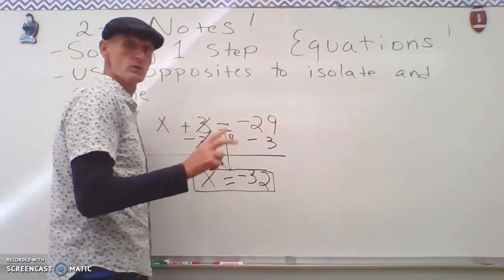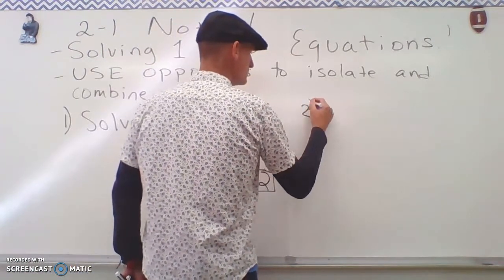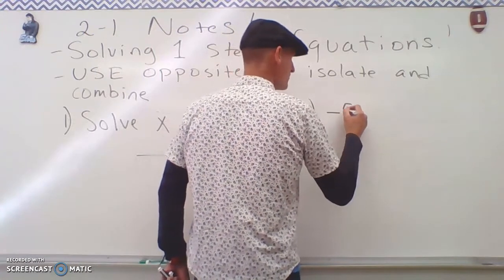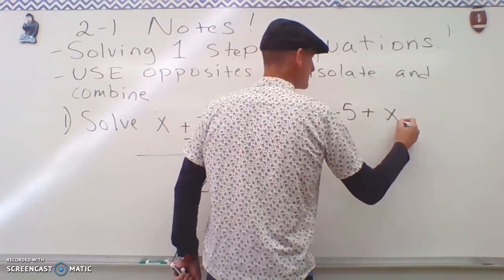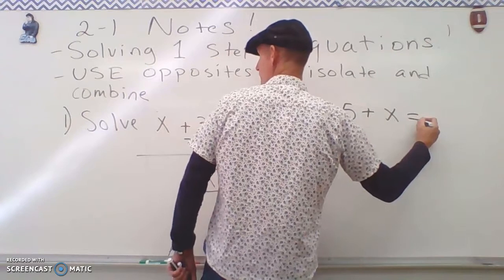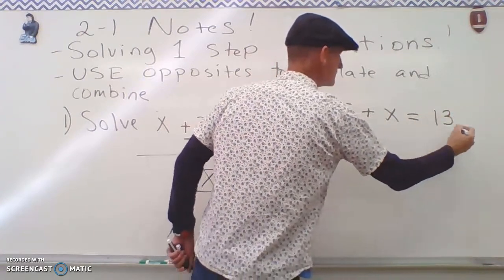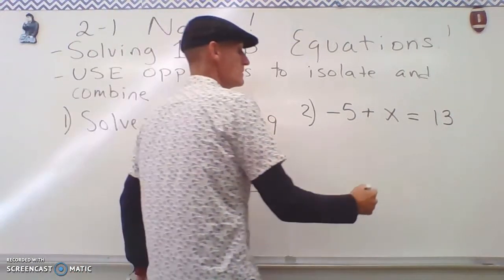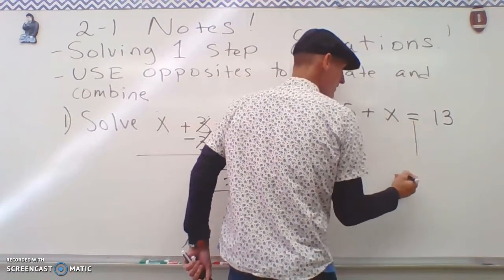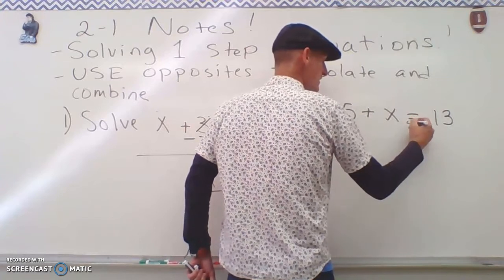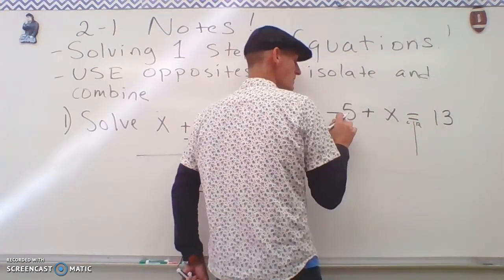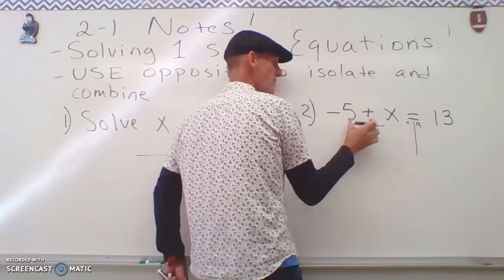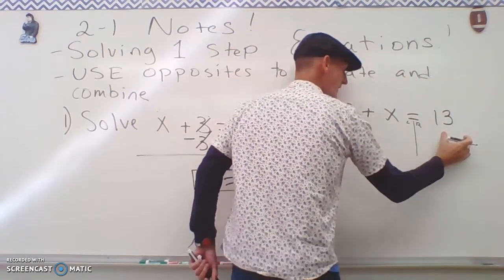Okay, the second example is negative 5 plus x equals 13. Draw a little line down here. This has a left-hand side and a right-hand side. Negative 5 is what I have to move from the left to the right.